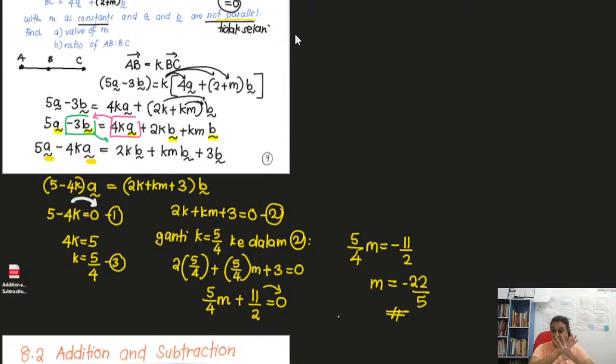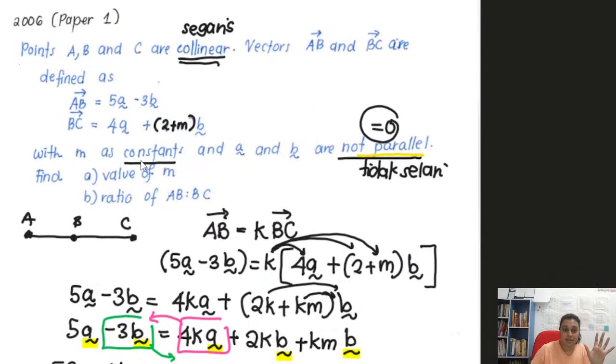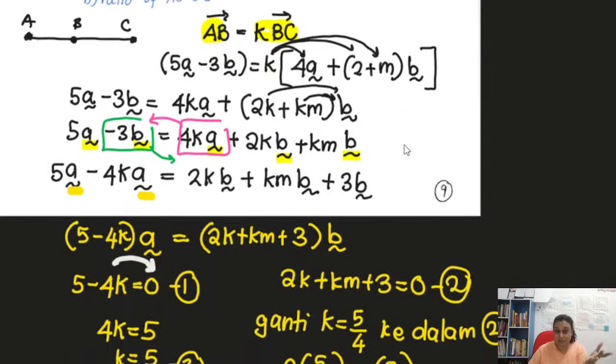So first, if you see the word collinear, you make it parallel first. After that, you see that A and B are not parallel, isn't it? You have to understand the question first. You see here, ABC is parallel, but vector A and B are not parallel.